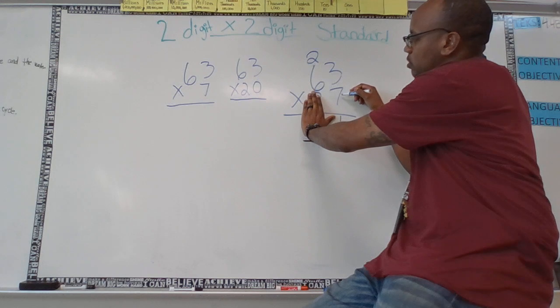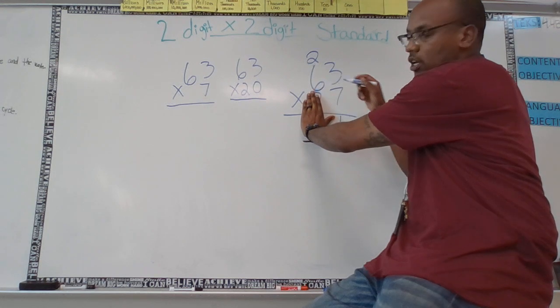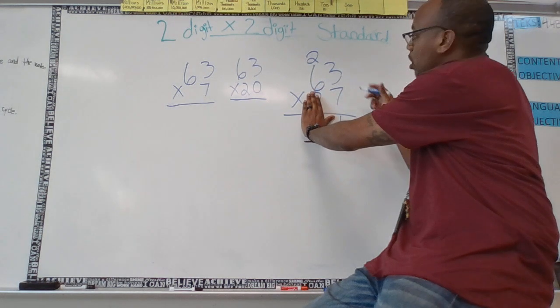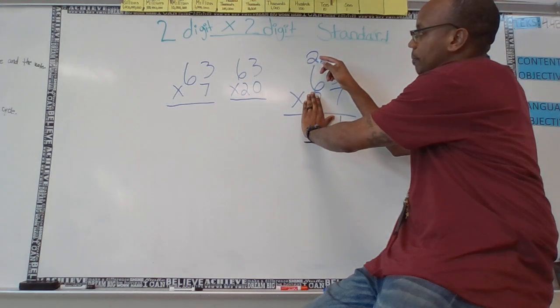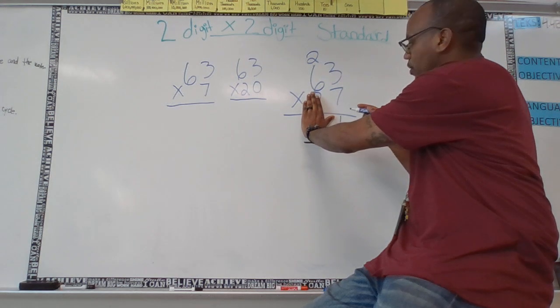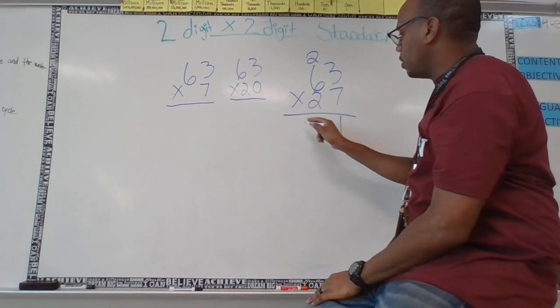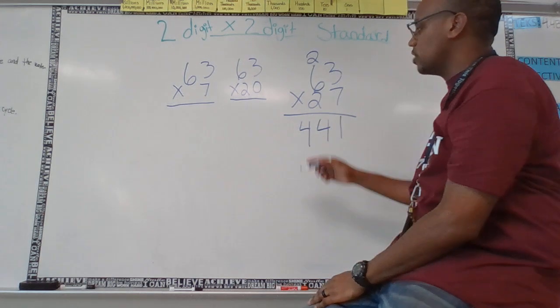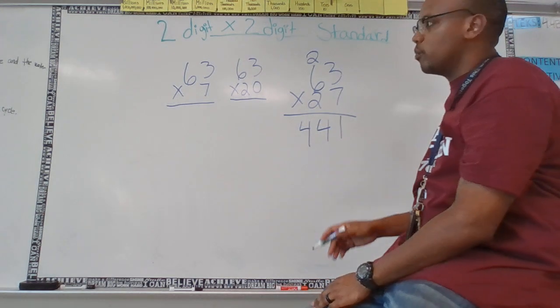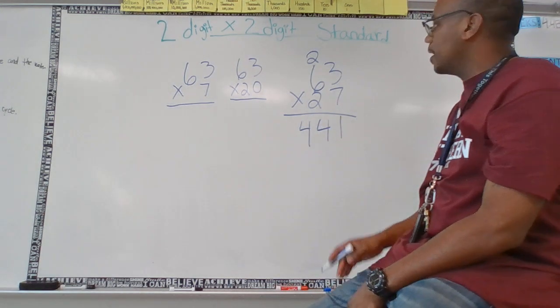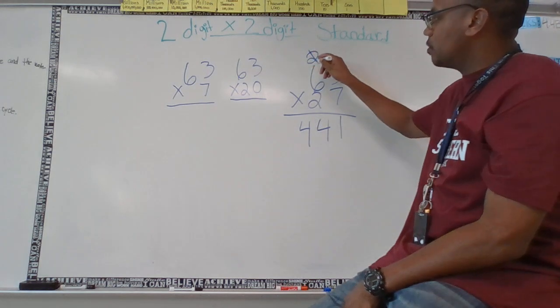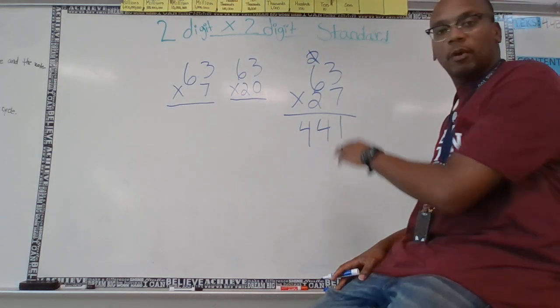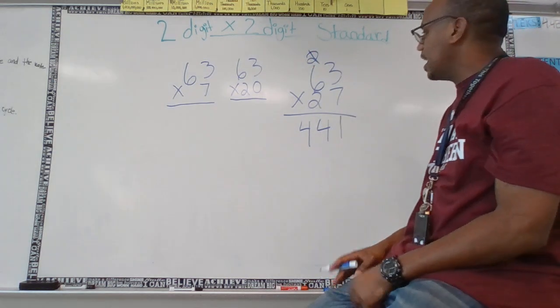Then you're going to do 7 times 6, which is 42, plus this 2 at the top, which is 44. Which means the first row of answers is 441.